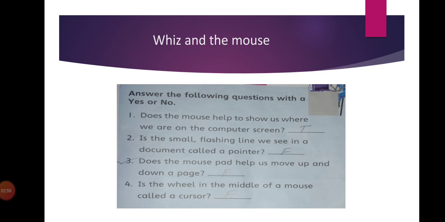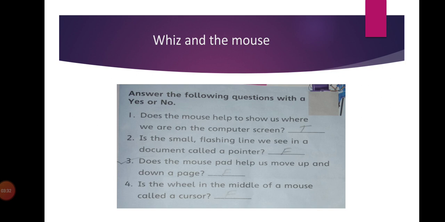Okay, in the next slide student, you see the different statements. Answer the following questions with yes or no. Like that true and false statement you choose in this statement. Okay students, first statement is, does the mouse help to show us where we are on the computer screen? Yes, that statement is true. Okay students, because mouse helps us to show where we are on the computer screen.